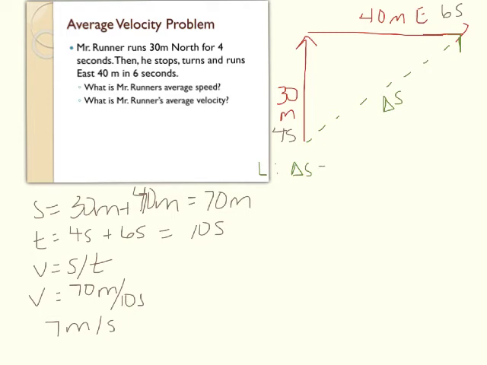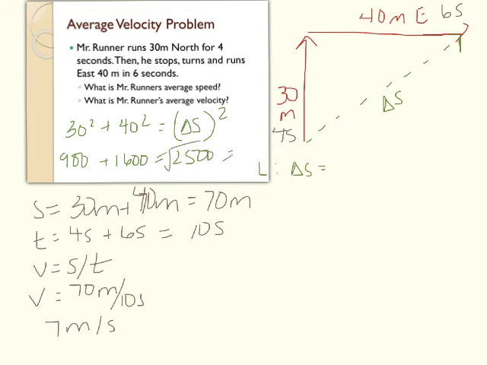If you don't believe me, actually write it out. 30 squared plus 40 squared equals our change in S squared. So you'll have 900 plus 1600 equals 2500, and the square root of 2500 equals 50. So that's going to be 50 meters.